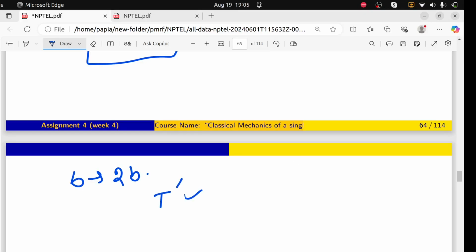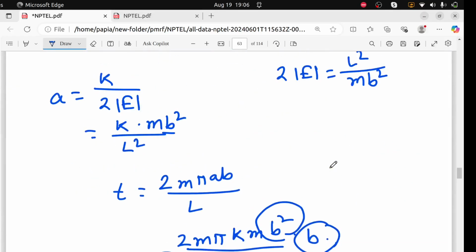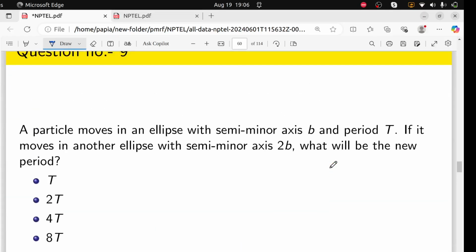So our T prime will be 2B whole cube, so it is like 8B cube. And T was B cube, so T prime is 8T.